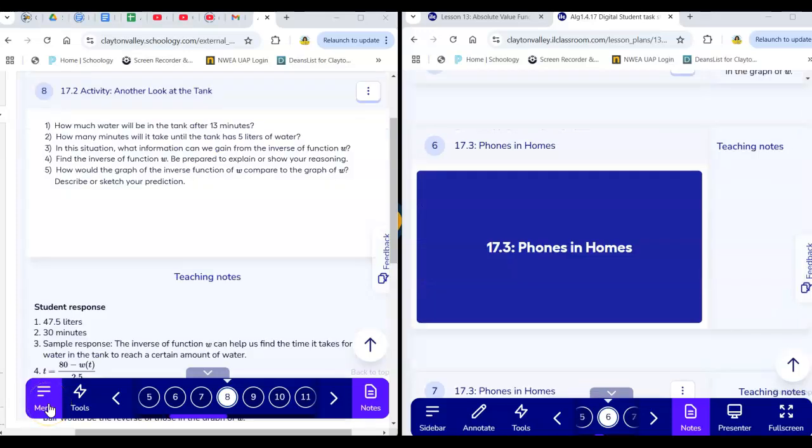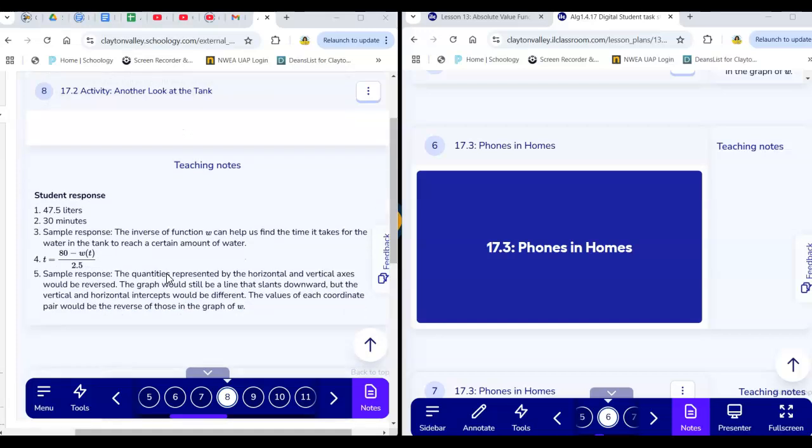So, like I mentioned before, students, on the left-hand side, you see the lesson slideshow. And you can see that they're asking the questions that were on the other slide that you've filled out. Okay, and then the teaching notes give you the answers. So hopefully you are using these answers in the correct way.